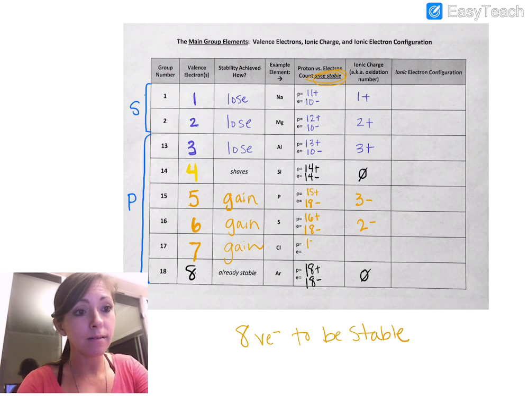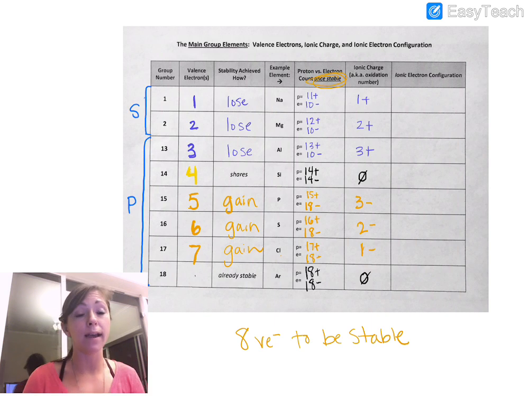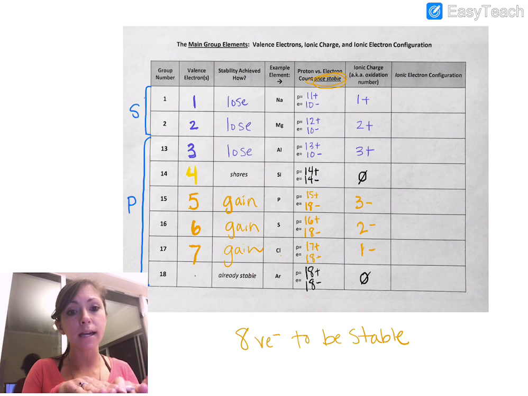For group 17, if we're going to talk about chlorine, chlorine has 17 positive charges. It gains 1 valence electron to have 18, all right, and so it has an excess negative charge of 1, okay? So this is where the charges come from. It is literally what happened.